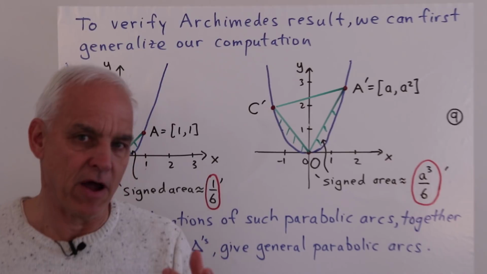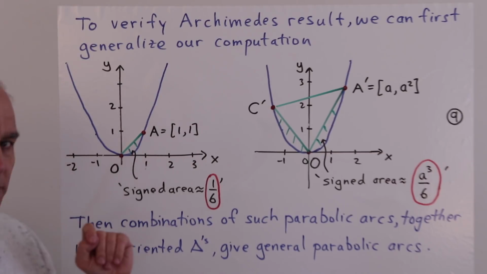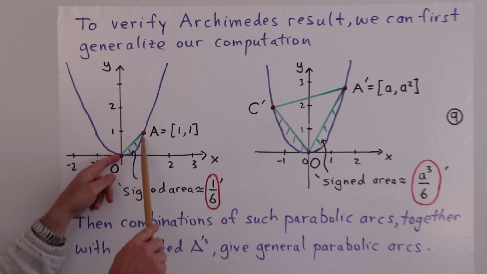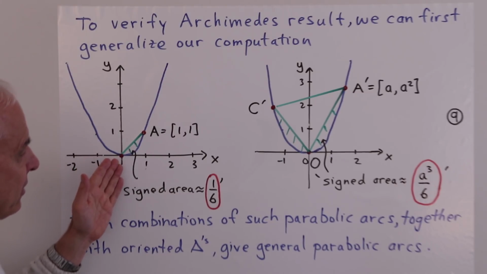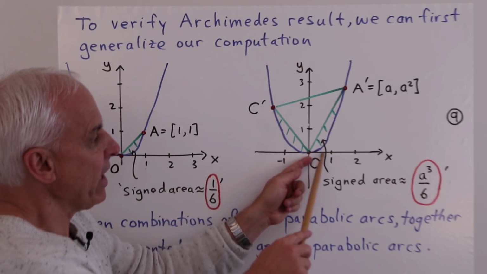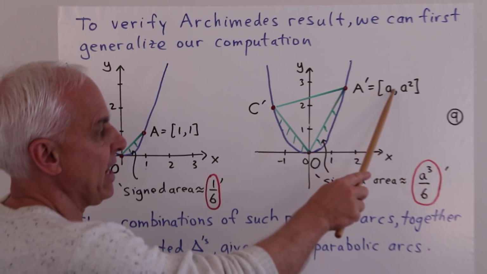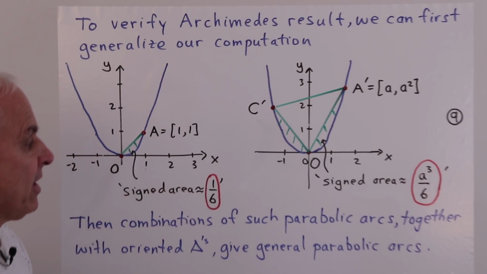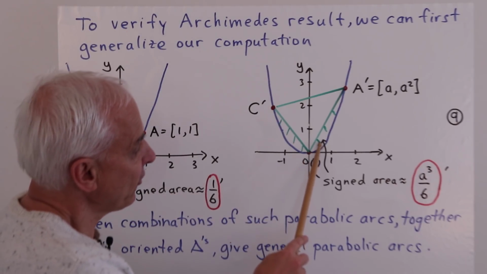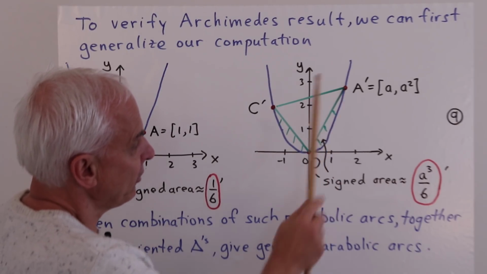All right, so to verify Archimedes' theorem, what we can do is extend our original computation. So we computed what might be the area of this segment of the parabola from 0,0 to 1,1. So the first thing to do is to extend that to, say, from 0,0 to a general point on the curve, say A prime, which is A comma A squared. And it turns out that we're able to do this, so really the same kind of argument gives us a very similar formula for this area determined by the parabolic arc from 0,0 to A squared.